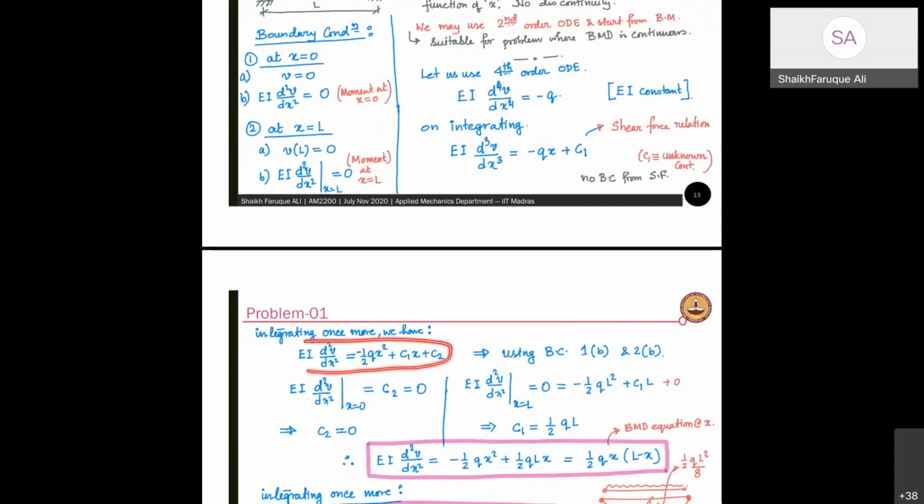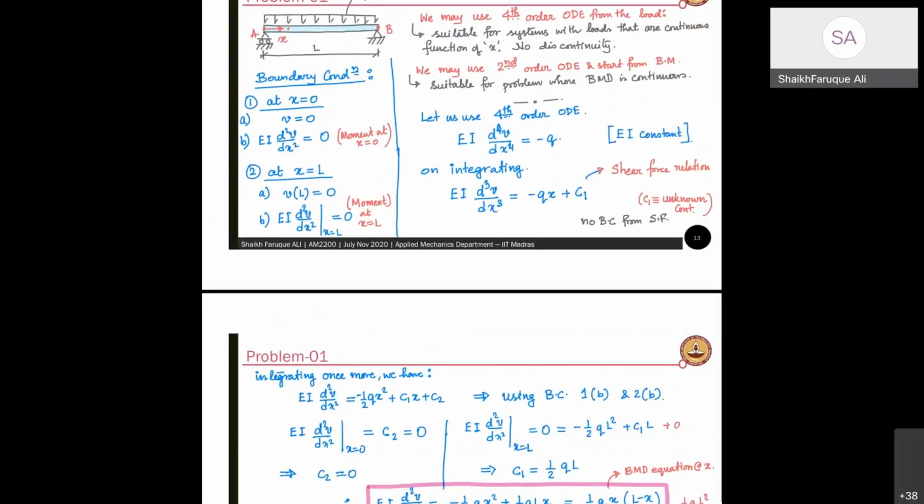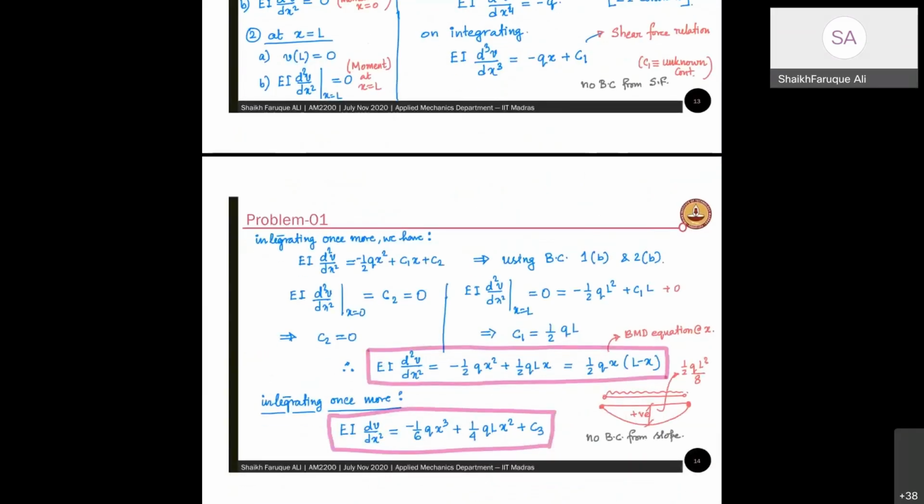At the moment level, you have 2 boundary conditions, one at x equal to L, which is 0, and one at x equal to 0, which is also 0. So I can put those 2 boundary conditions. EI d square V by dx square at x equal to 0 is equal to 0. That provides C2 equal to 0. And at x equal to L, it is again 0, and you can write the equation for x equal to L. That comes out to be C1 equal to half qL.